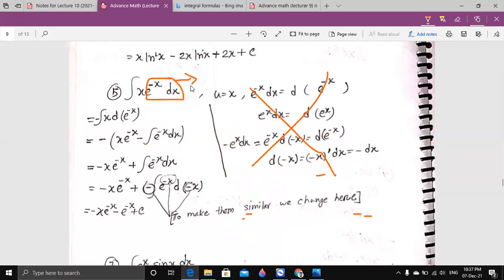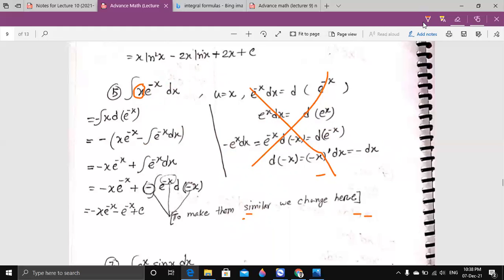We have to convert it to dv. Julian, do you remember? Lucy, do you remember? Yes. So we started here. You already know x is equal to u, and we have to convert e to the power minus x dx as dv. That means we have to remove this dx and write dv.